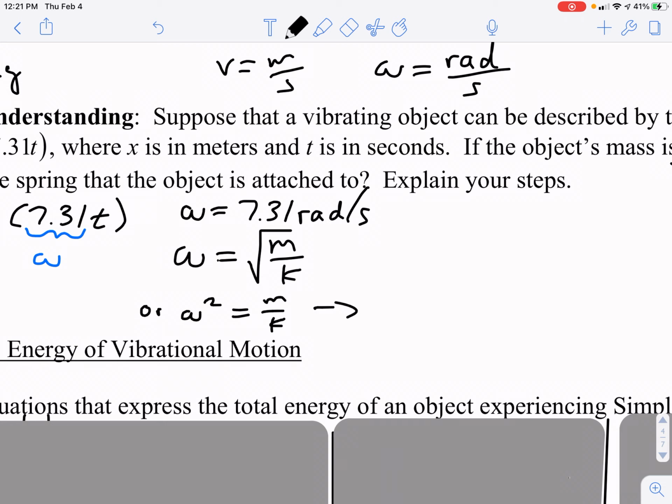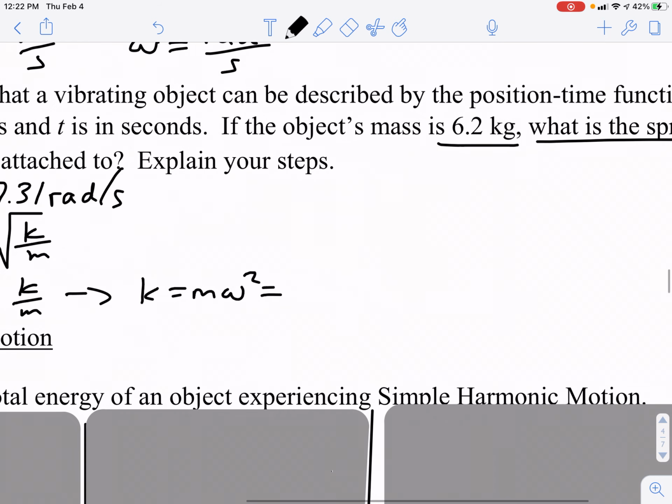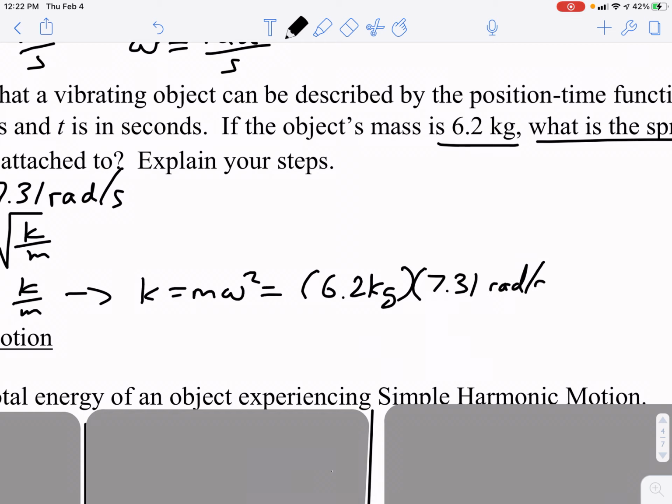Sorry, I miswrote that. k over m. So if we solve this equation for k, we have to multiply both sides by the mass. So k would be equal to the mass times omega squared, which would be 6.2 kilograms times 7.31 radians per second.